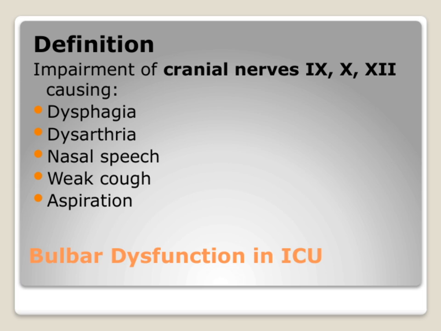This combination of issues is what we refer to as bulbar dysfunction, especially in critically ill patients in the ICU. Recognizing these signs is key because they directly impact patient safety, nutrition, and communication, highlighting the importance of early detection and management in these settings.